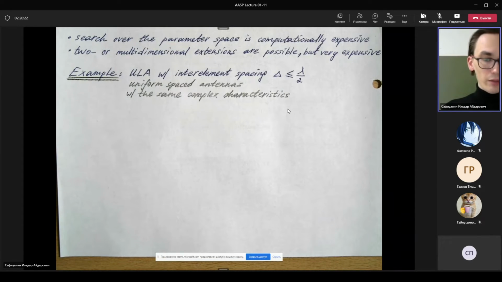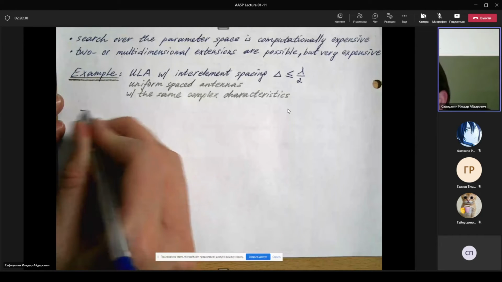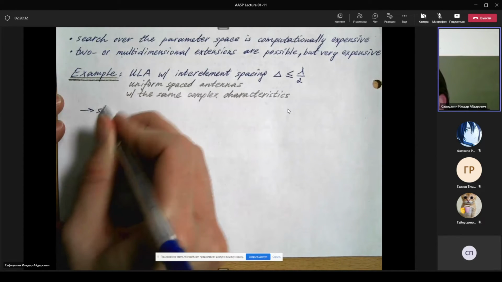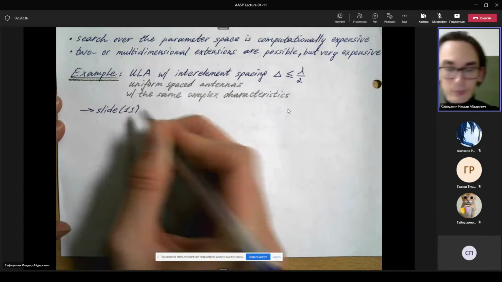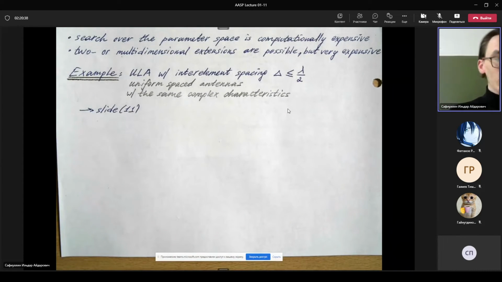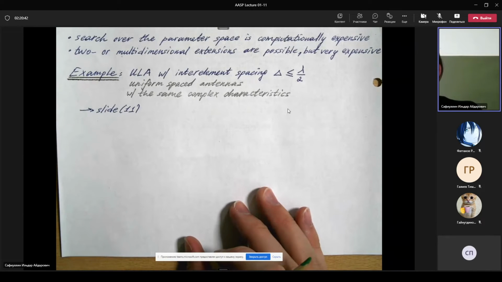So for this one, we have slide number 11. And then we will continue with this uniform linear array.